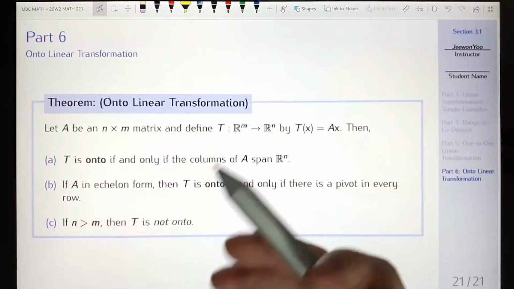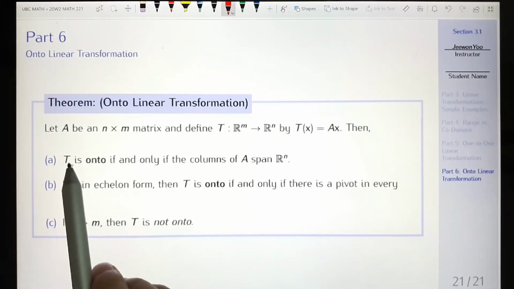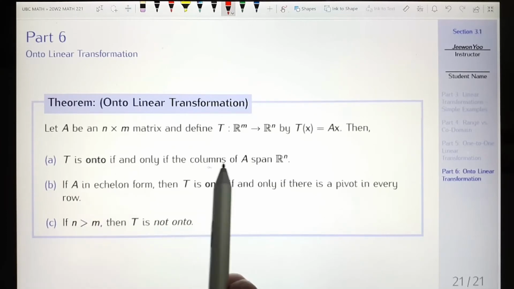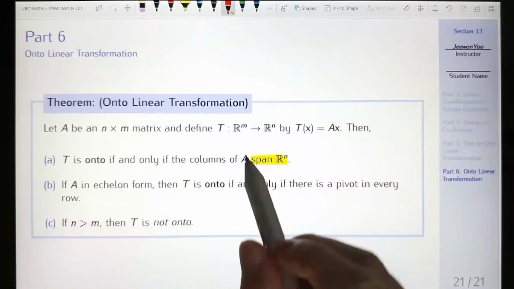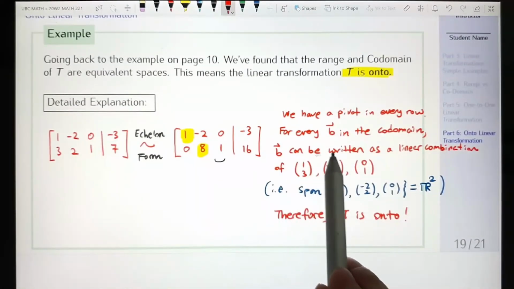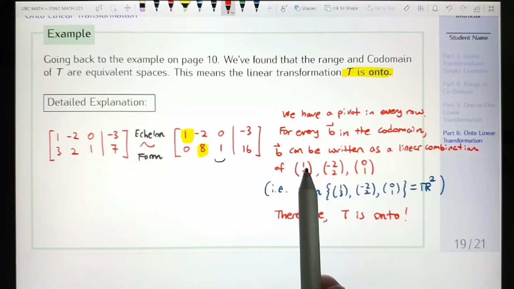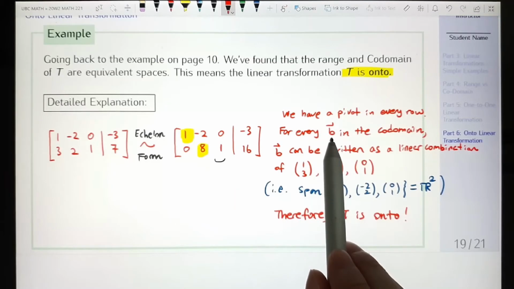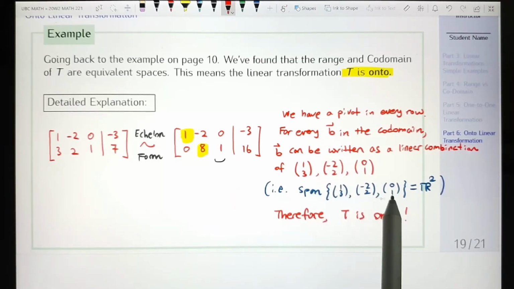Here's the summary of what we've learned about onto linear transformations. We say T is onto if the columns of A span Rn. Span Rn means B can be written as a linear combination of the column vectors of A. Because any B can be written as a linear combination of these vectors, the span of these vectors becomes the codomain.